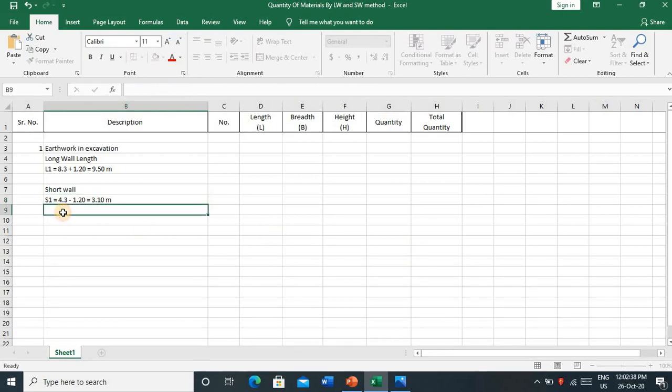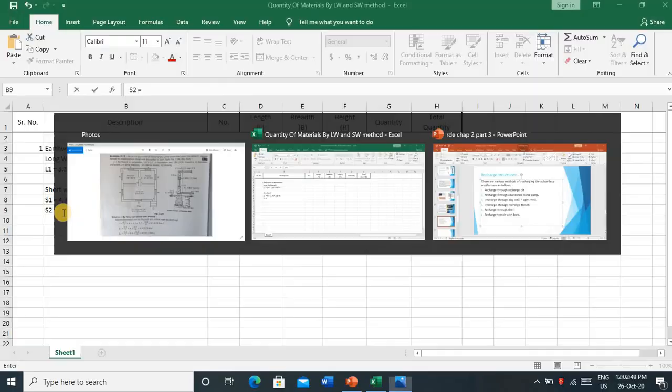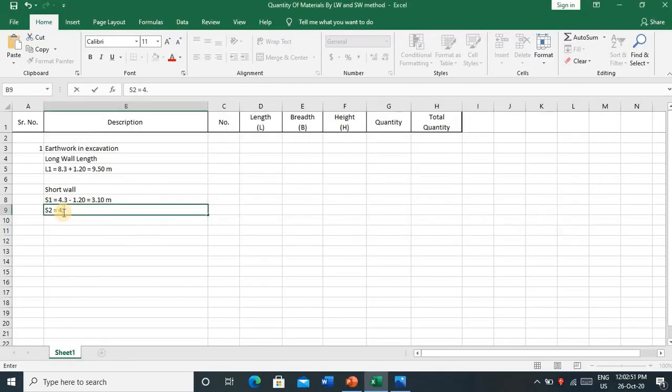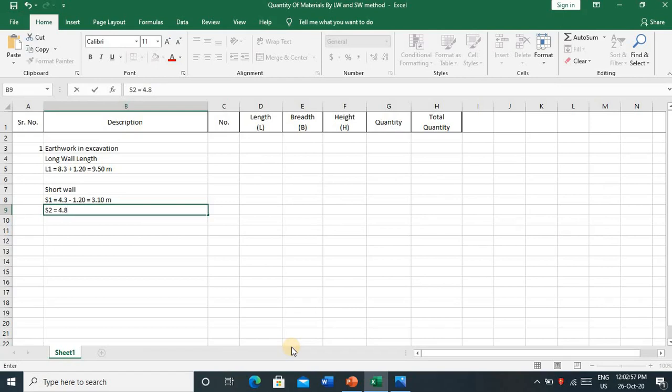And for short wall type 2, the length of short wall type 2 is 4.8. See, you can see here, 4.8 minus 1.20, again width of item is deducted, which is 3.60 meter.